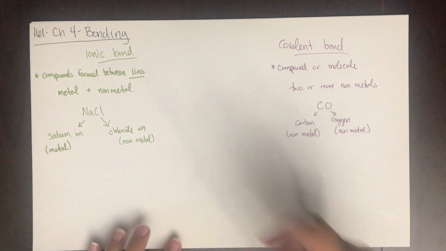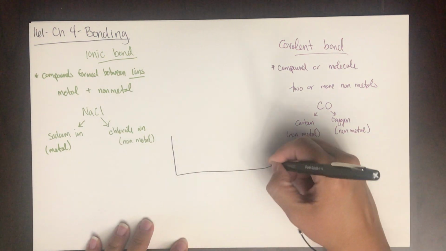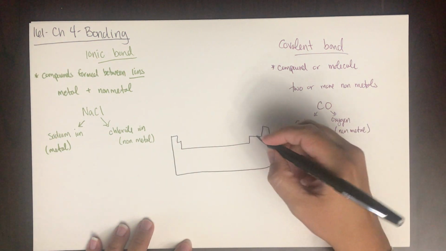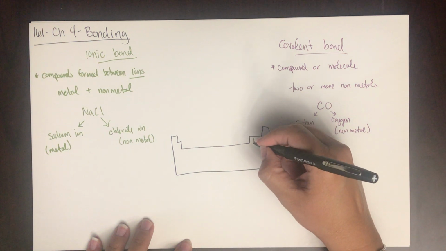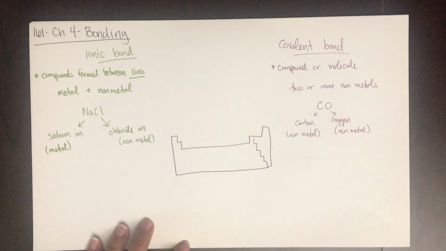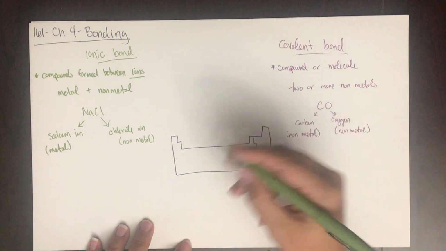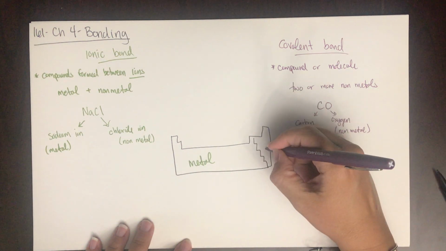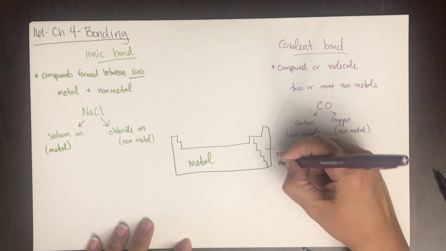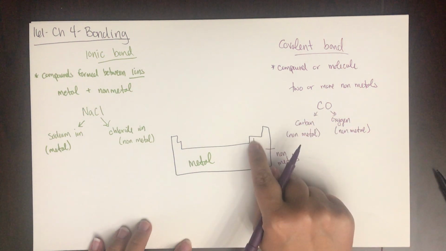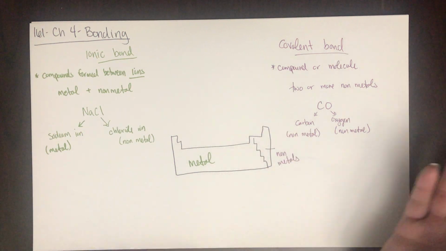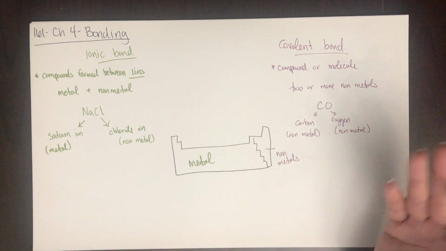So remember, like I was saying about the periodic table, and remember there's this metalloid staircase here. Everything to the left of the metalloid staircase, these are all metals. And then everything to the right of the metalloid staircase, these are nonmetals. And then remember, things along the metalloid staircase are called metalloids, and they have properties that are kind of like metals, kind of like nonmetals.